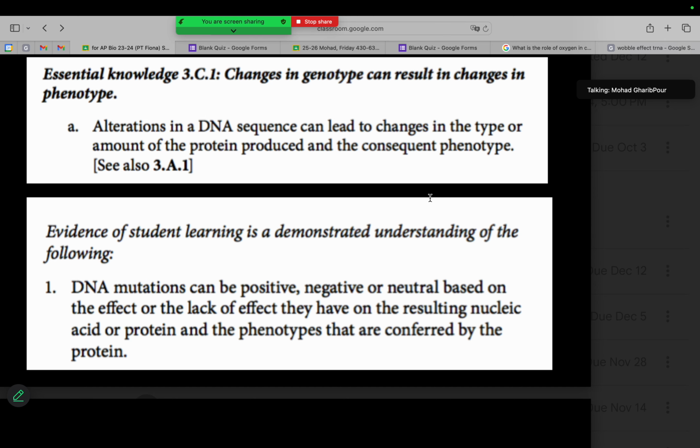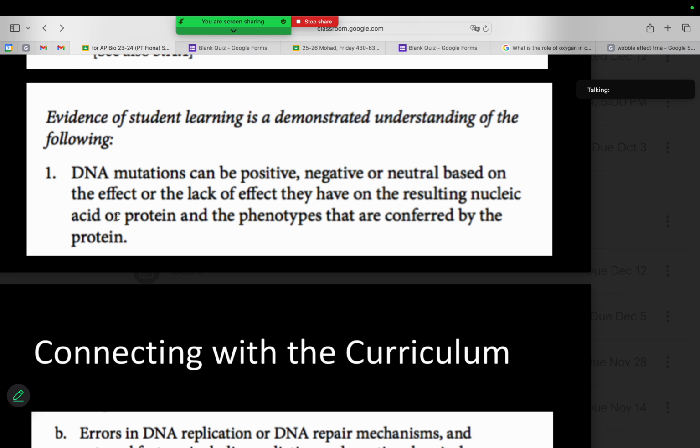We can have good mutations, we can have bad mutations. DNA mutations can be positive, negative, or neutral based on the effect or the lack of effect they have on the resulting nucleic acid or protein and the phenotypes that are conferred by the protein.